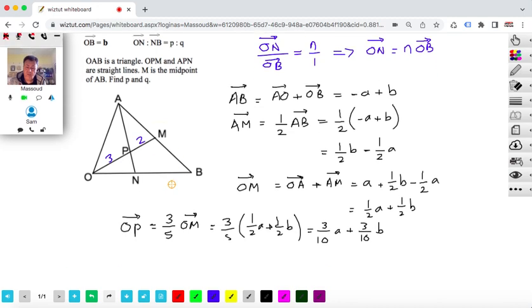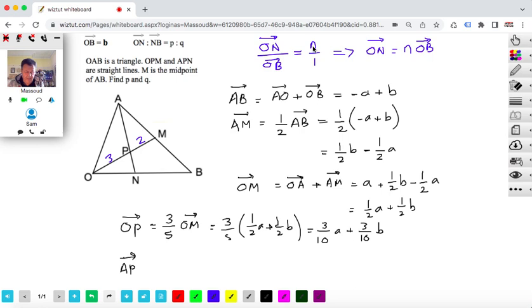Now that I have OP, I can find AP. These are the critical vectors to find, because we are told that APN is in a straight line, and we're going to use that to find the missing n.